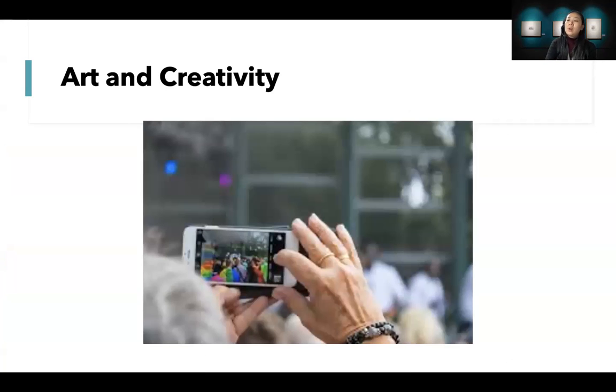We can make our own photos and videos, and post them on Instagram or TikTok to share through those kinds of social media services using our cell phones. These activities are so common now, so creativity is also around us.